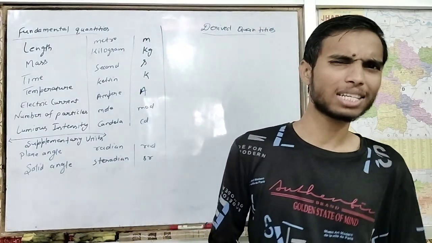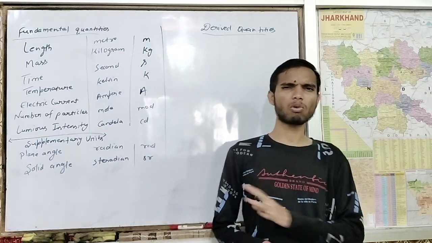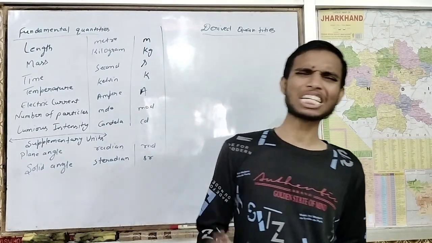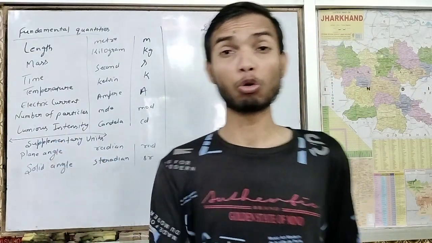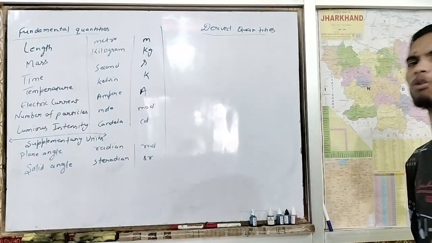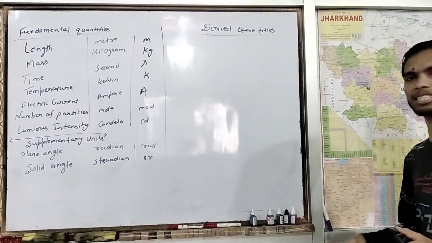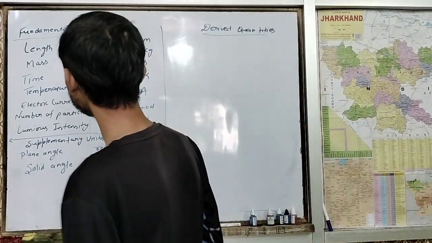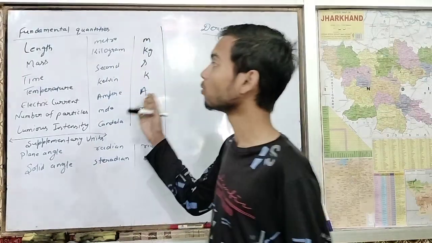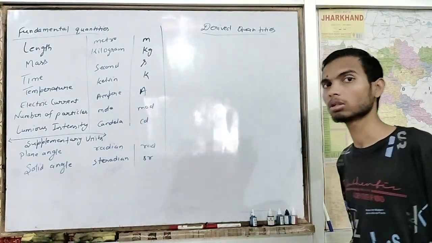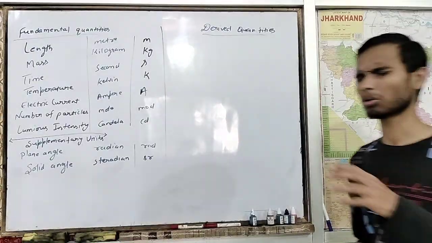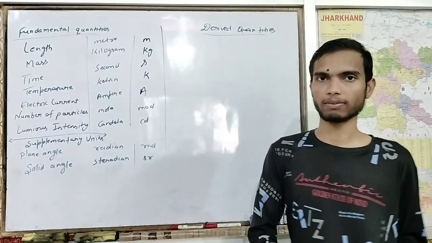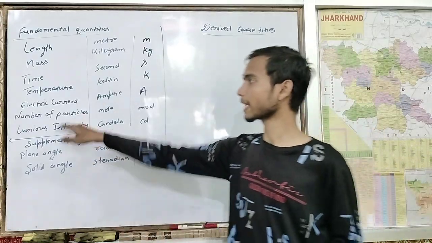You will also see Fahrenheit and Celsius in the discussion of temperature. But right now we are not going into too much detail about temperature. We are just observing units, quantities, and symbols of units. That's it. The symbol for temperature is K, the first letter of Kelvin. Next we have electric current.